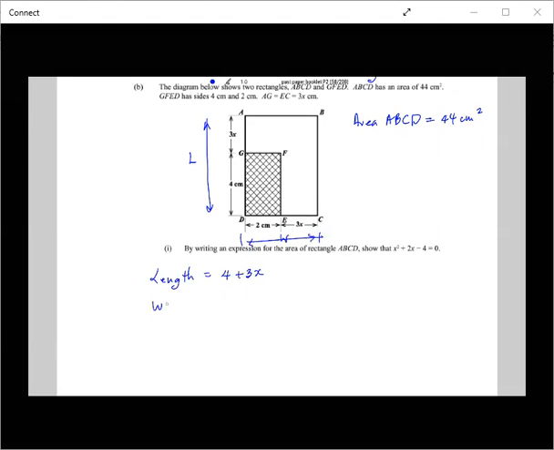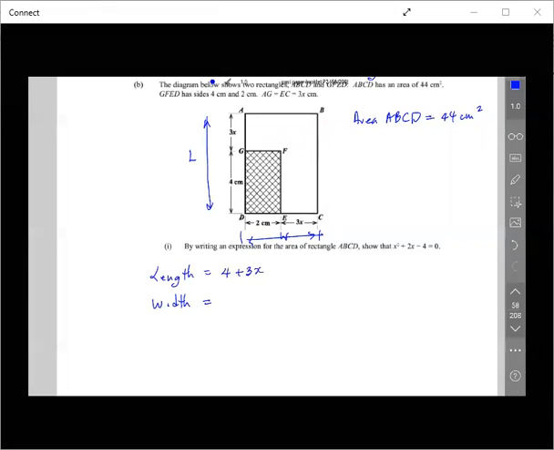Let's write this the other way. This is equal to 3x plus 4, and this is 3x plus 2.